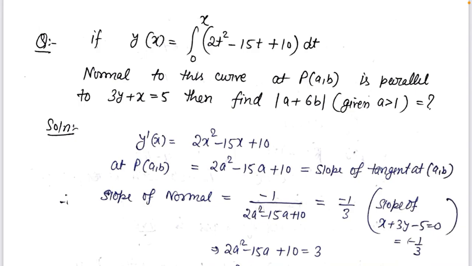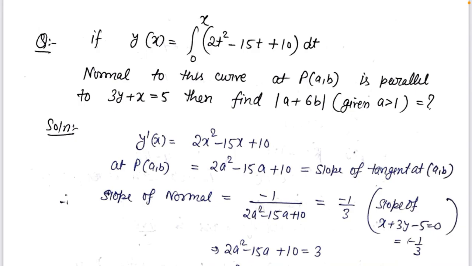So it would be 2x square - 15x + 10 into the derivative of upper limit, that is 1, minus of, it would be 0. So basically y dash is coming out to be. If you don't know the Leibniz rule, you first understand the Leibniz rule, because in this paper many questions are based on the Leibniz rule. Around 3 or 4 questions were based on the Leibniz rule, so be prepared for that. So y dash will be 2x square - 15x + 10.